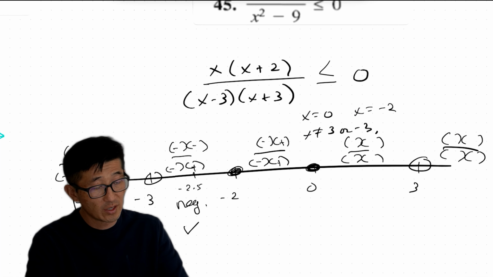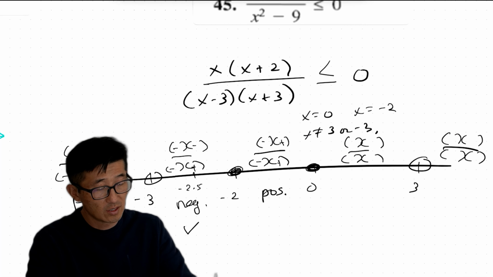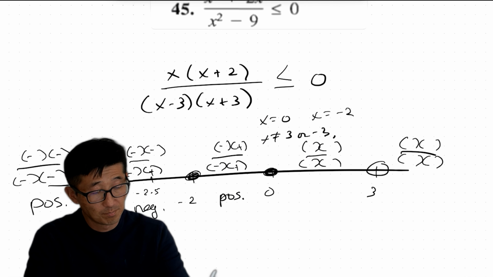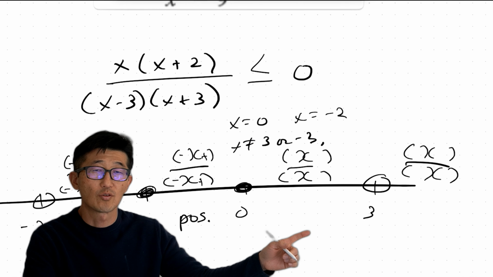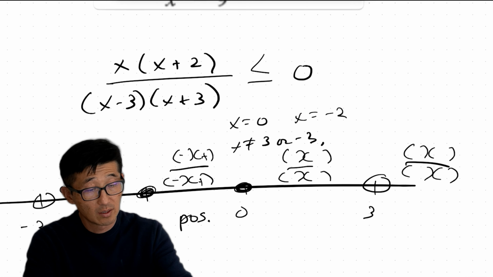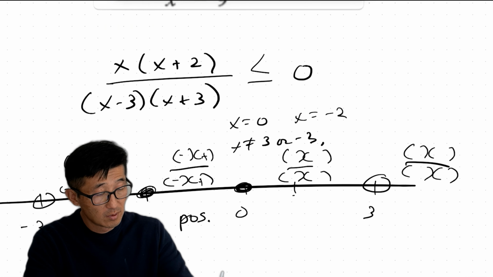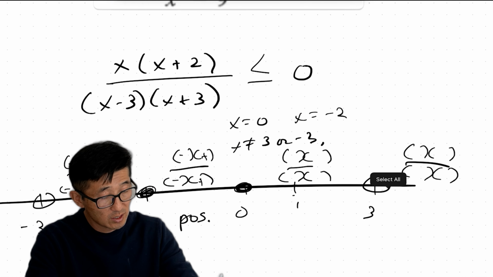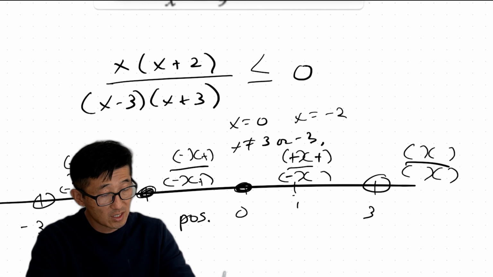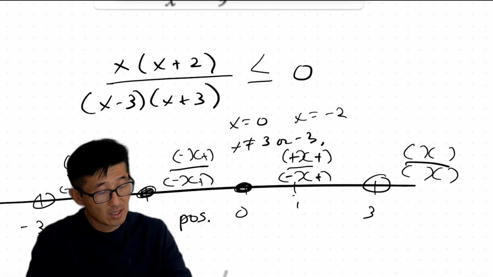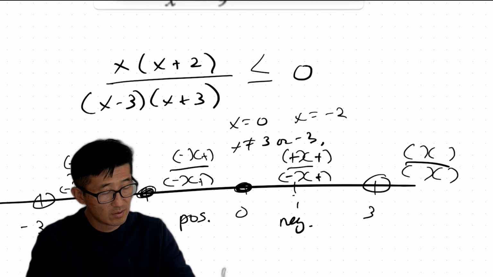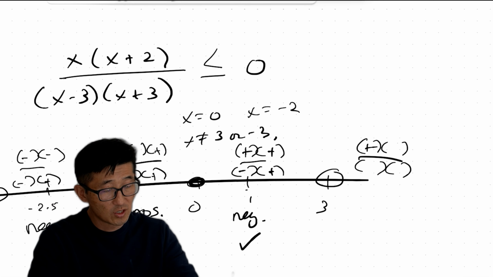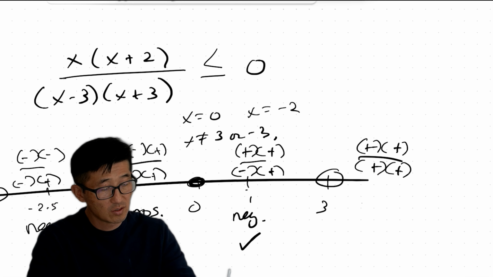So negative over negative, which is positive. And oops, no, we don't want that. If I plug in a number between 0 and 3, like the number 1, you get positive, positive, negative, positive, and you get negative. And then after 3, like a 4, positive, positive, positive, positive.